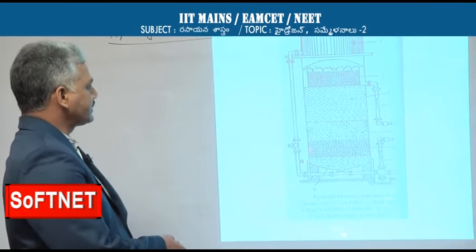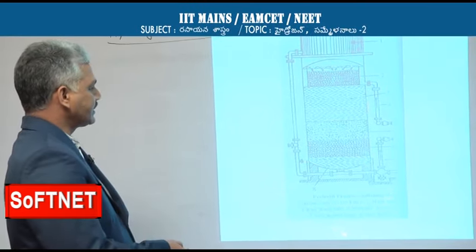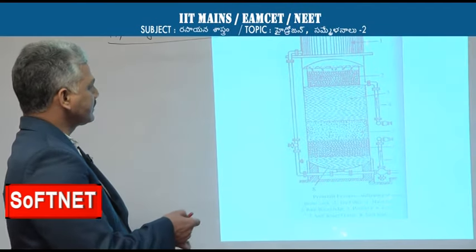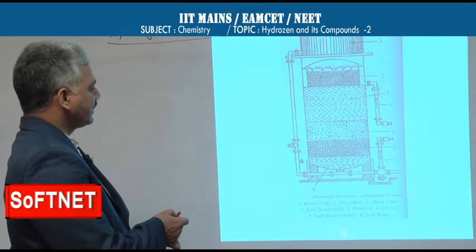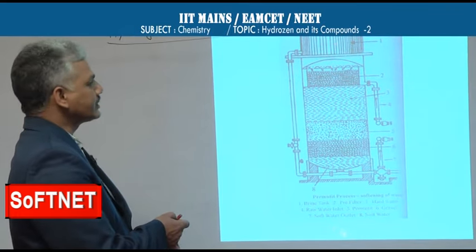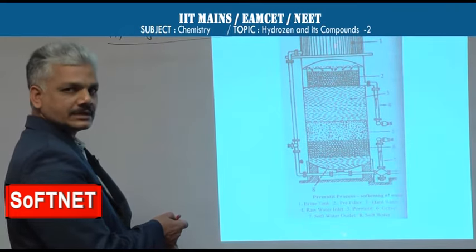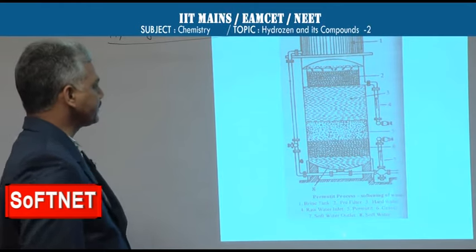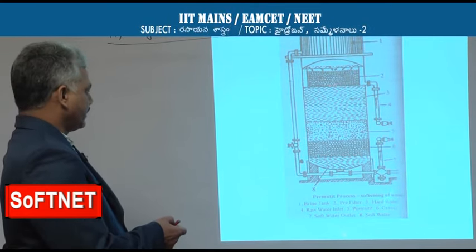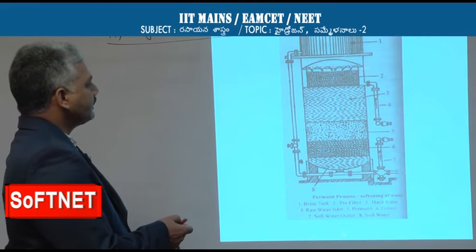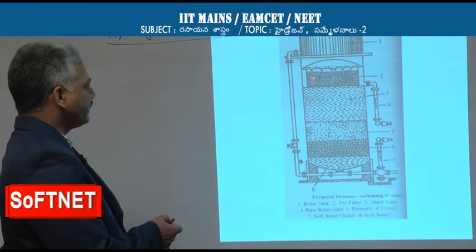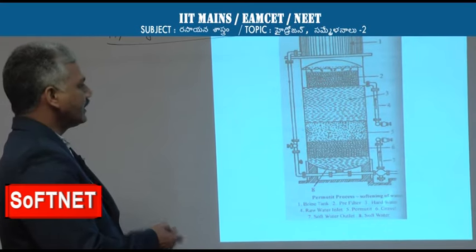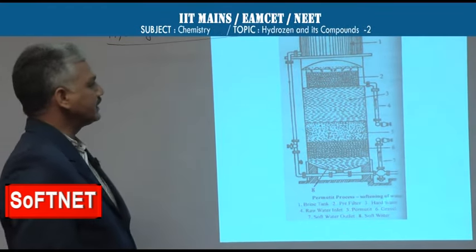This essentially consists of a tank-like structure in which, on the top, another tank is provided that stores brine solution, that is, 10% concentrated salt solution. The second one, which is visible in the diagram, is a pre-filter. It will remove any insoluble content in the water.